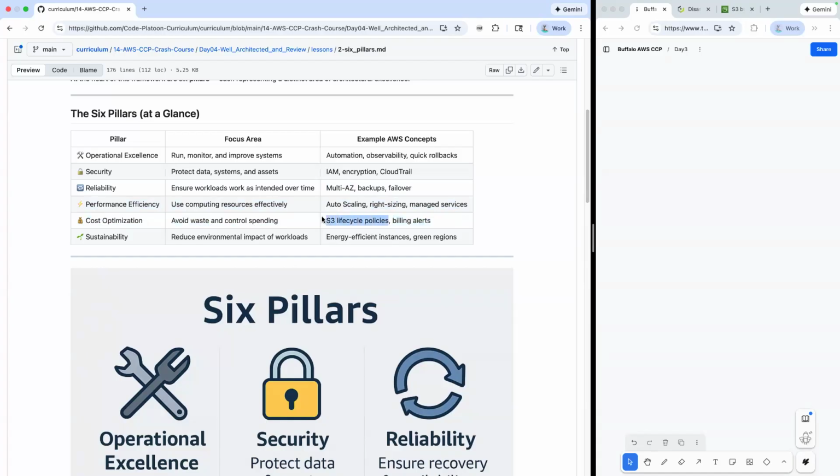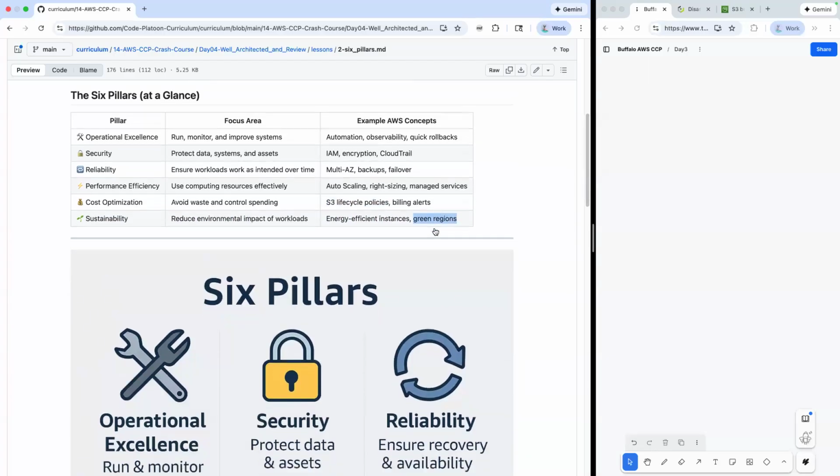On an S3 bucket, you can say when it should get rid of something. Maybe after 6 months. If I'm Tumblr, I want to get rid of an image after 6 months or something, so it can have a lifecycle policy. And the sixth pillar is sustainability, reducing environmental impact. So you can actually choose energy efficient compute instances of EC2, and there's AWS regions that are considered green or more sustainable.